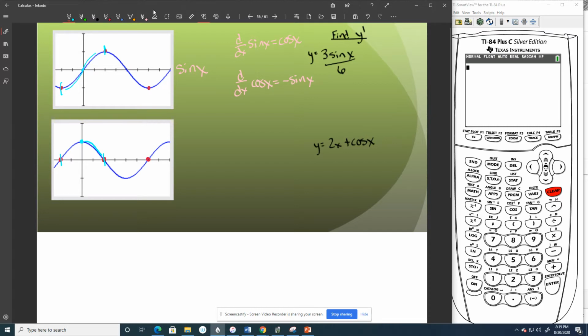Now you've got to be really careful because these y values represent your slope, and it's a really difficult concept to wrap your head around sometimes. Even though my function is going down, my slope is still positive. My slope is just decreasing, but it's still in the positive direction.